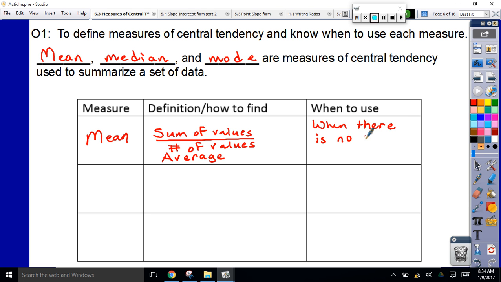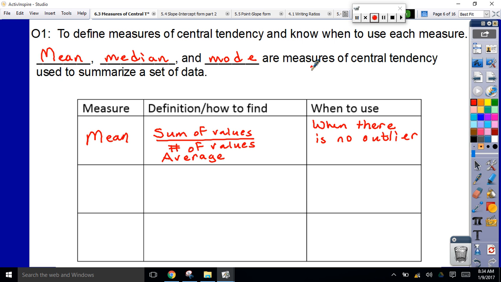Does anyone remember what an outlier is? Zan? It's like the number that is a really low number. Good, good. It's a number that's not close to all of the rest, either a really low number or a really high number.